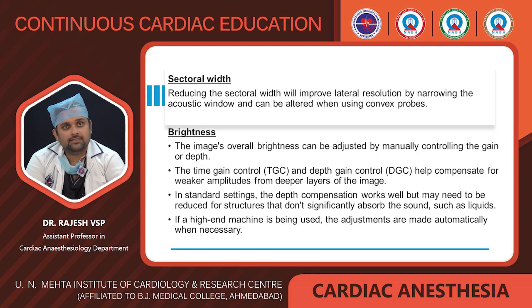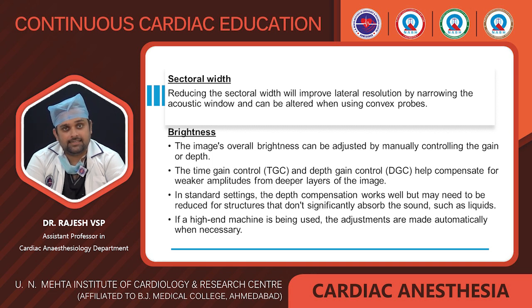Coming to sector width, reducing the sector width will improve lateral resolution by narrowing the acoustic window and can be altered using convex probes. Coming to the brightness, the overall brightness can be adjusted by manually controlling the gain or depth. The time gain control and depth gain control help compensate for weaker amplitudes from deeper layers of the image.